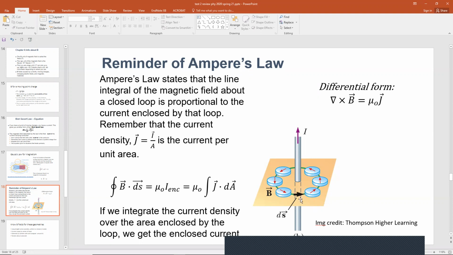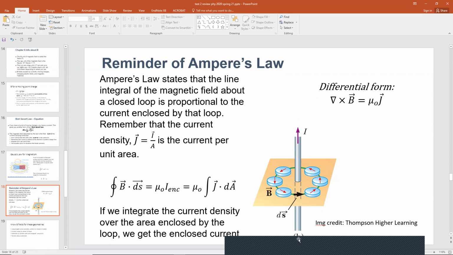Remember that you want to choose your Amperian loop such that at every point along the way, your magnetic field is parallel to the loop, or is perpendicular to the loop, or there's no magnetic field there. So you want the dot product, in other words, to give you either 0 or 1 for the cosine theta term. And if it doesn't, don't use Ampere's law. You can use the Biot-Savart law and do just as good a job in solving the magnetic field, and it won't be nearly as confusing, okay?